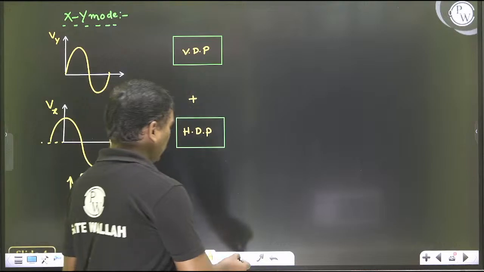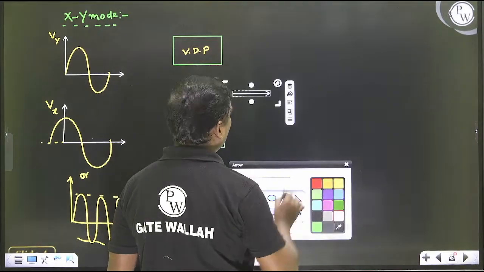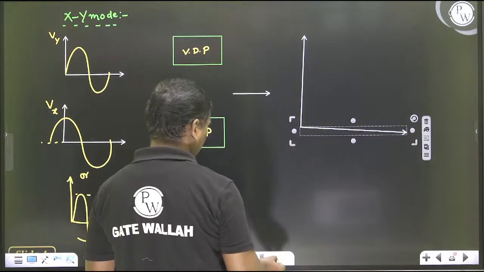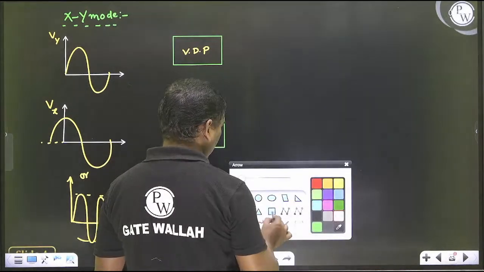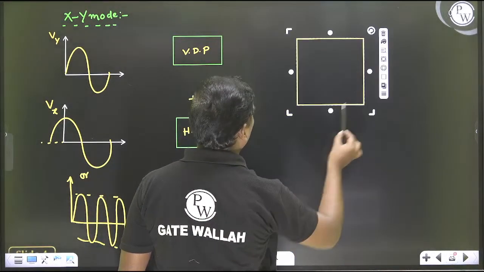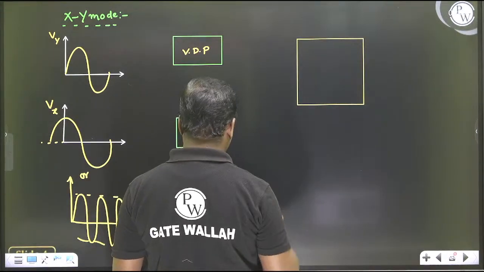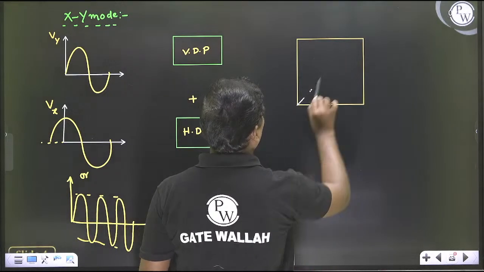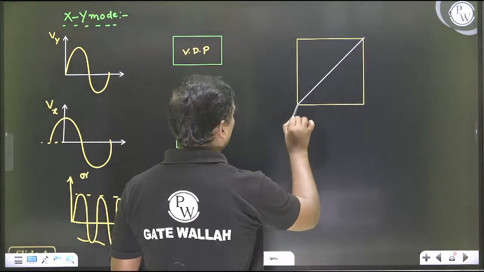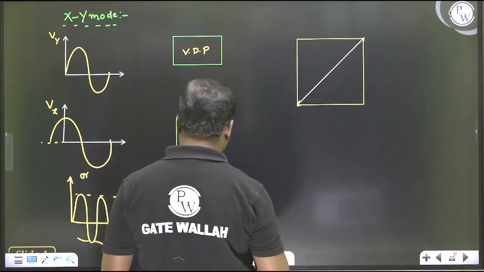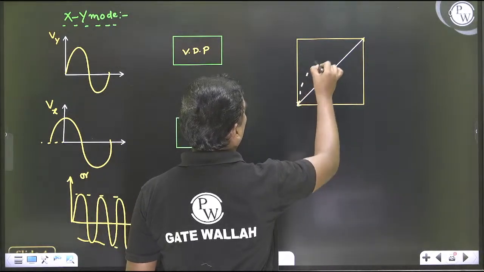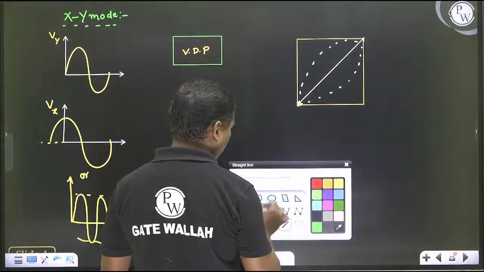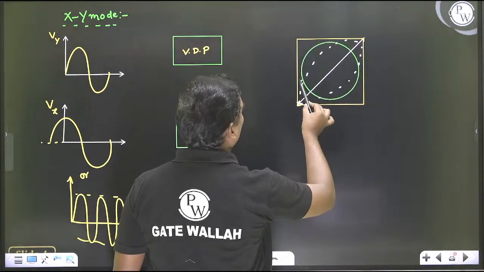As a result, we are going to get certain Lissajous patterns here. Either we are going to get a straight line, or an ellipse, or a circle, like this.